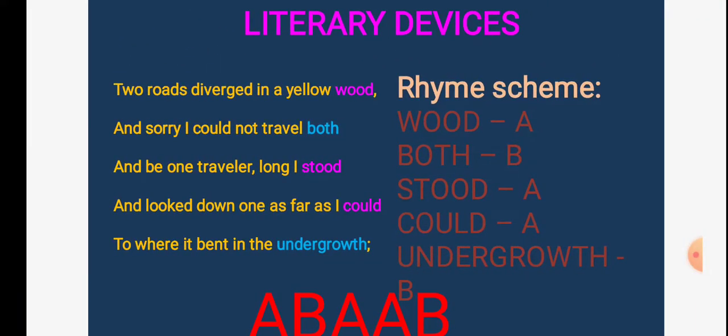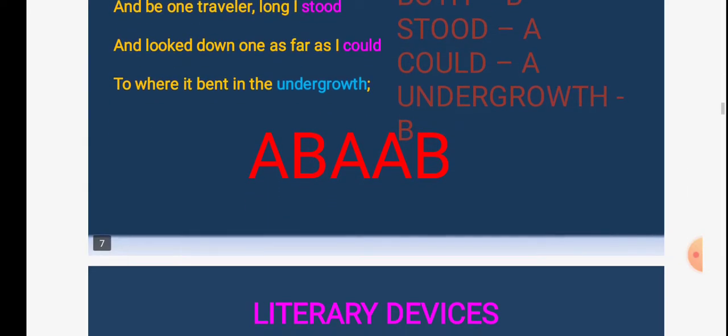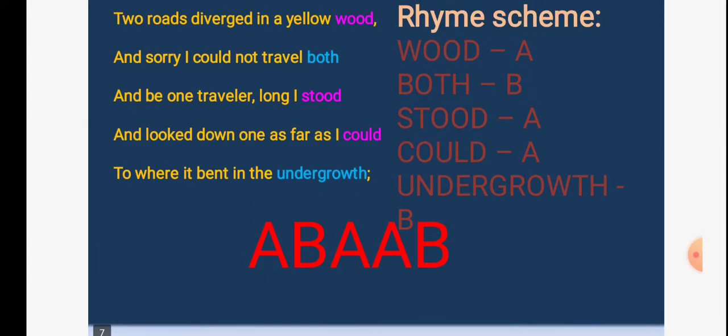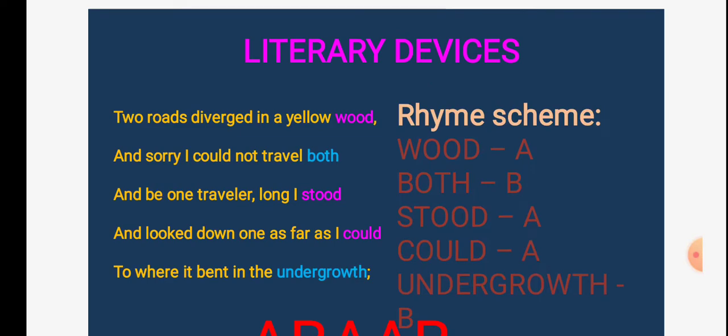So these are B. So the rhyming scheme here will be A, B, A, B. Whatever words are rhyming, we keep with the same letter, A or B. The word that is not rhyming, we have to give another letter.